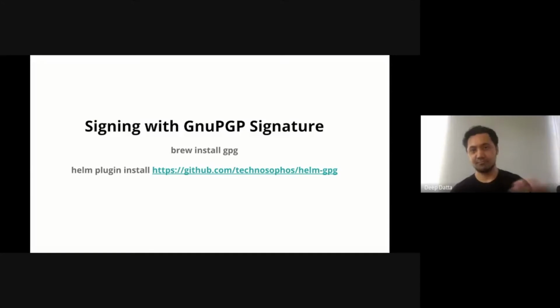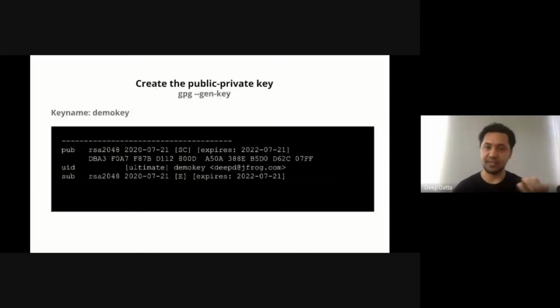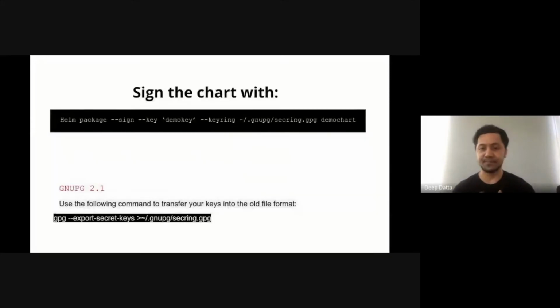So first you want to install GPG. I would then generate a public-private key. In this example, I'm giving my key the name demo key. You'll also give your public-private key an email and a passphrase, and you'll see how that's used in a step later.